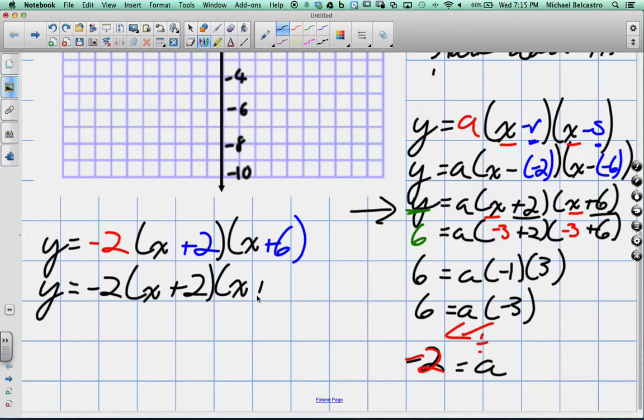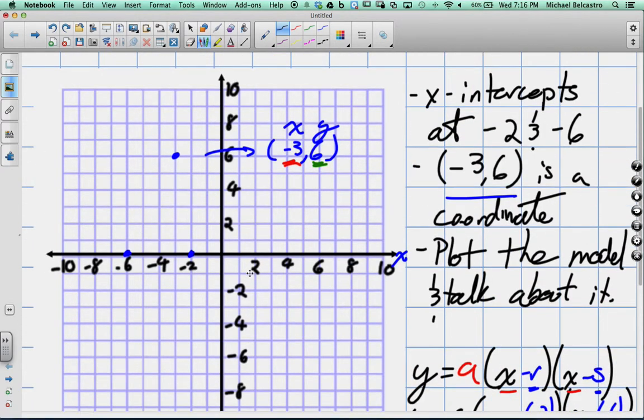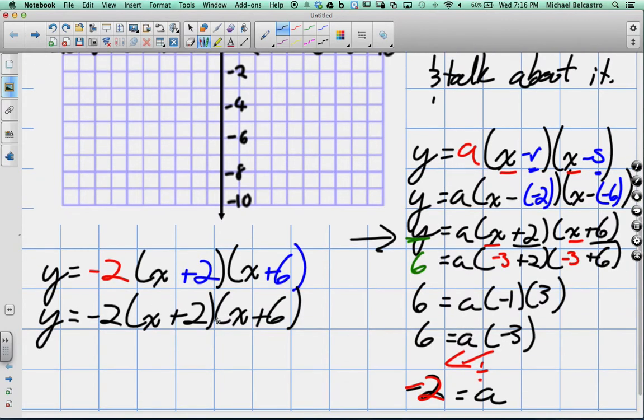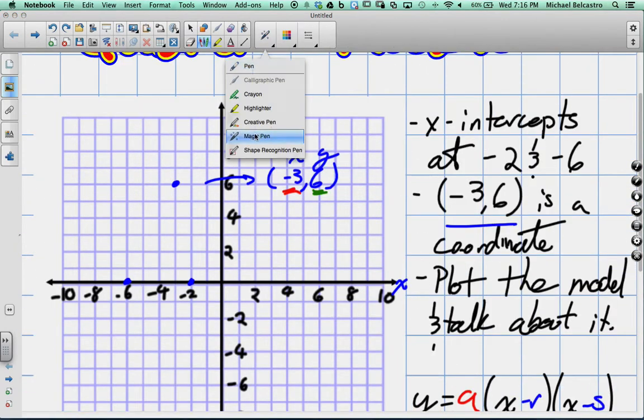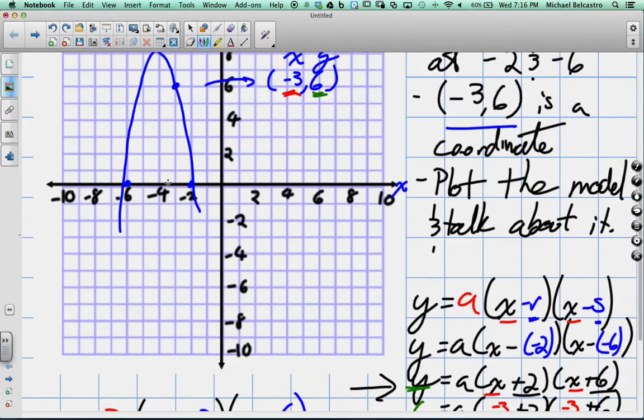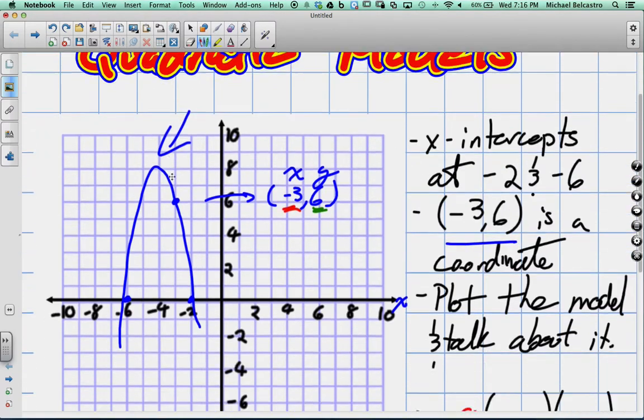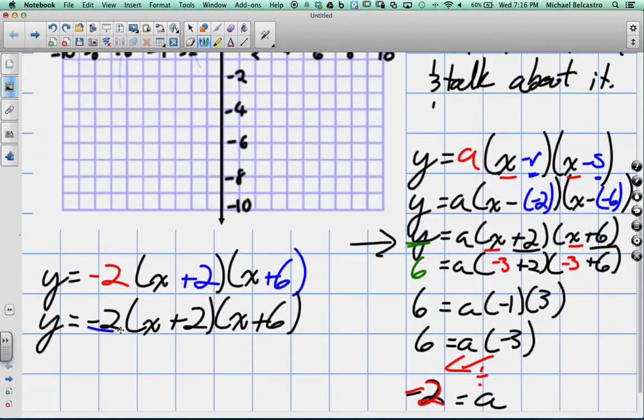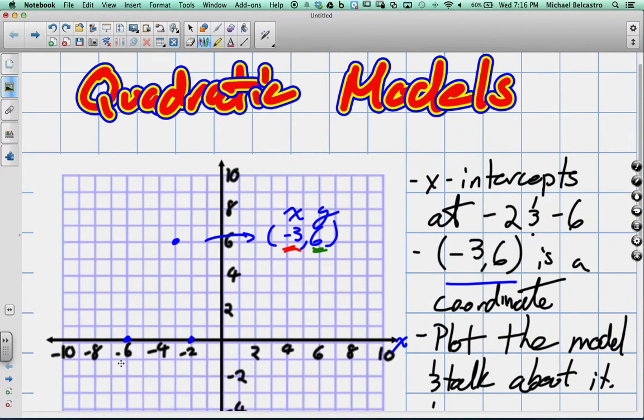From this factored form, we've got a model, an equation, but we're still missing some things, because in a parabola there's some kind of peak. In this case, a is -2, and because this is a negative function, it's opening downwards.